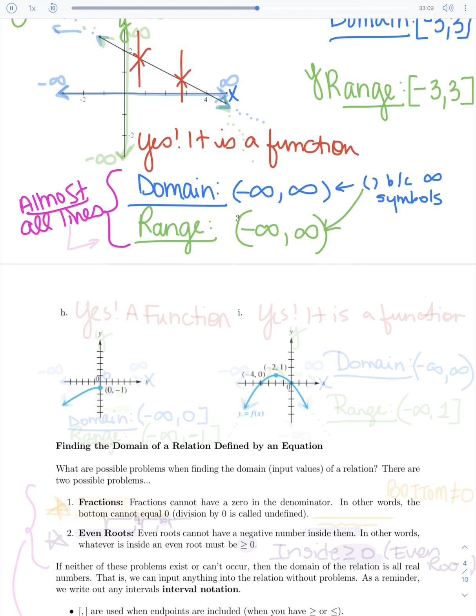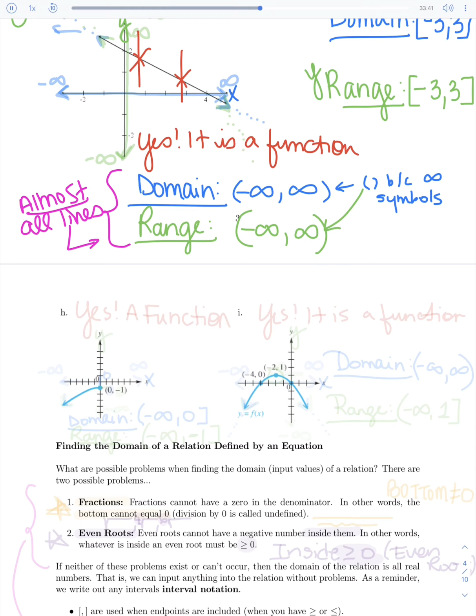They're the only ones that don't fit into this case of the domain and range being negative infinity to infinity always. Any regular line with a positive slope or a negative slope, that isn't horizontal or vertical, will have a domain and range of negative infinity to infinity. It's just our special lines that won't, and we'll talk about those later.